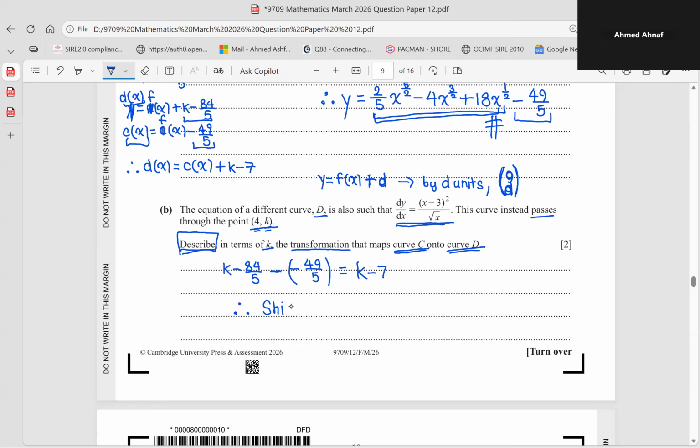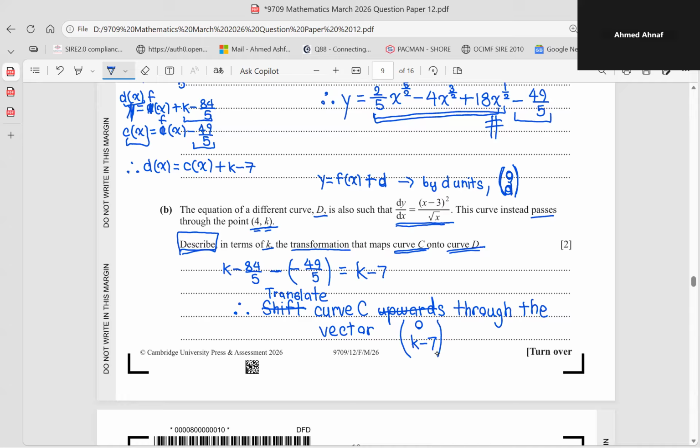shift curve C upwards. Okay, actually the proper term is translate curve C through the vector (0, k minus 7).